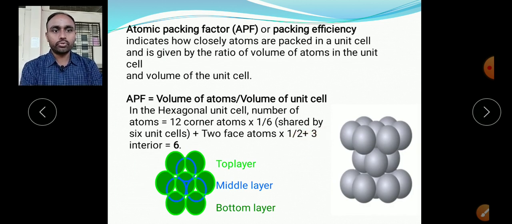Okay, so 12 into 1 by 6 plus 2 into 1 by 2 plus 3 as it is. So 12 into 1 by 6, it is 2, plus 2 into 1 by 2, it is 1. So 2 plus 1, 3, and these 3. So in all, in a hexagonal close packed unit cell, how many effective number of atoms are present? 6 effective number of atoms are present, right.